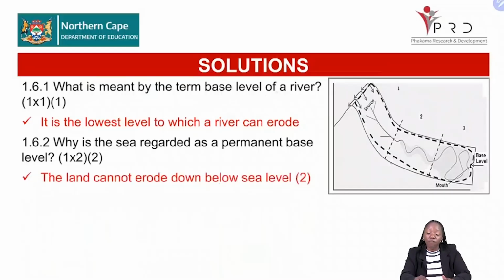Your base level of erosion, we said, is the lowest level at which a river can erode. So now, why is the sea regarded as a permanent base level of erosion? We're talking about the land that cannot erode down below the sea level. So that is why it is permanent.